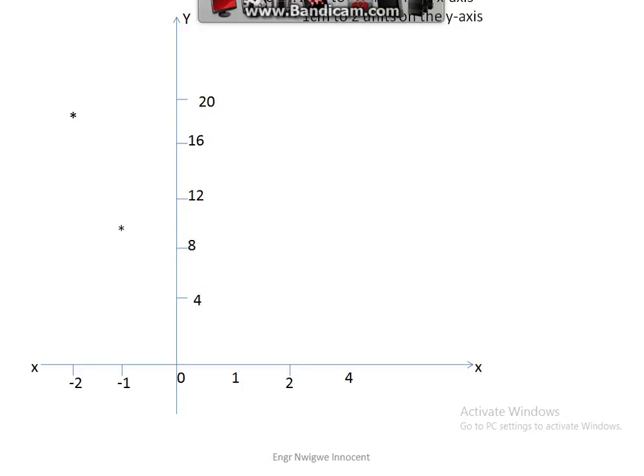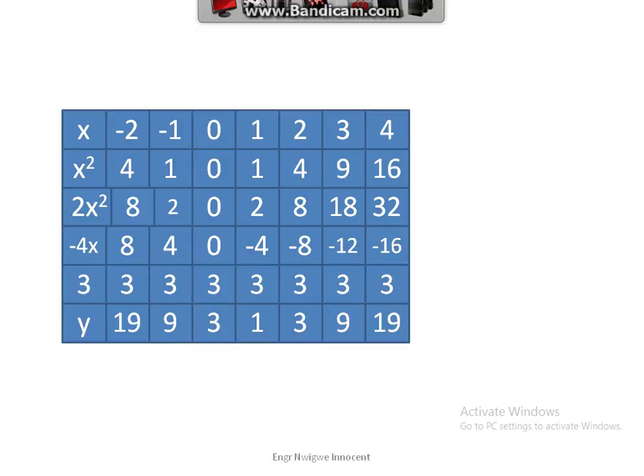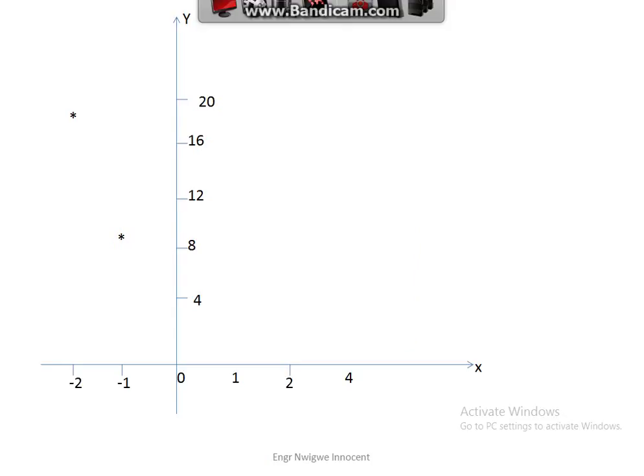Then we go to the table and look for another value, which is 0 for x and 3 for y. We now go to the graph to get the position.